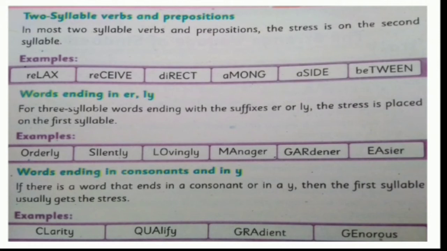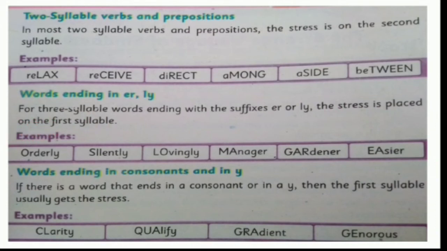Words ending in er and ly. For three syllable words ending with the suffixes er or ly, the stress is placed on the first syllable, right.